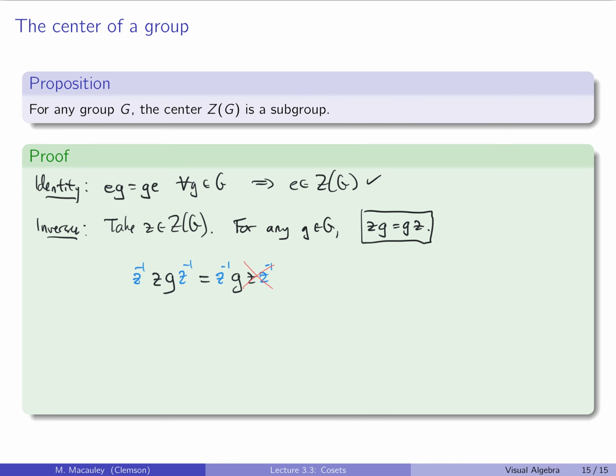Well, that cancels, and that cancels. So we get Z inverse G on the right and G Z inverse on the left. And that's exactly what we wanted to show. Therefore, Z inverse is in the center. We took an arbitrary element and showed that it commutes with Z inverse. Okay, what about closure?